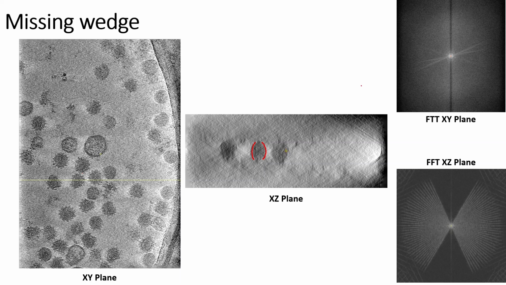This is also supported by the Fourier transform that we see in the XY plane. We have a nice, very complete Fourier transform, whereas in the ZX plane, we can see nicely that there's this missing wedge artifact, or the missing information in this wedge, which is affecting all our voxels in the real space.